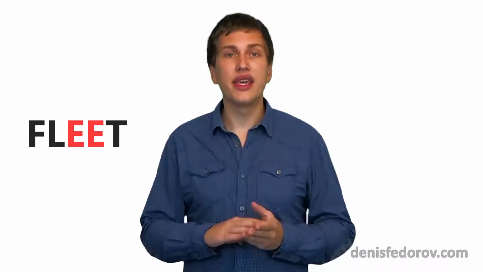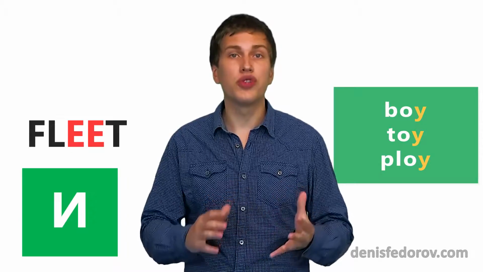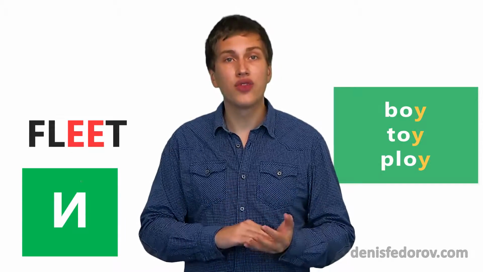So take the И position and move the middle of the tongue up until it starts to pronounce the Y sound. The secret, again, is in the position of the middle of the tongue. However, you are already able to pronounce this sound because you have it in English as, again, Y in boy, toy, ploy.